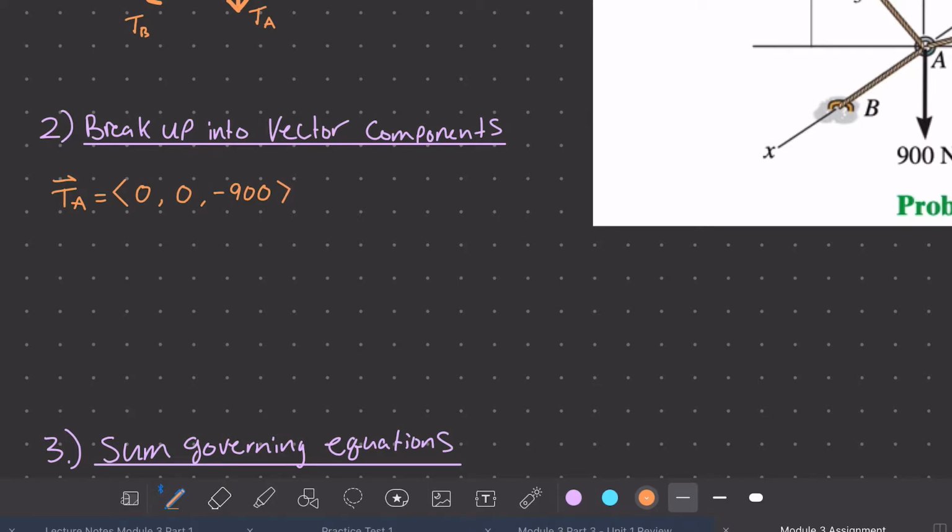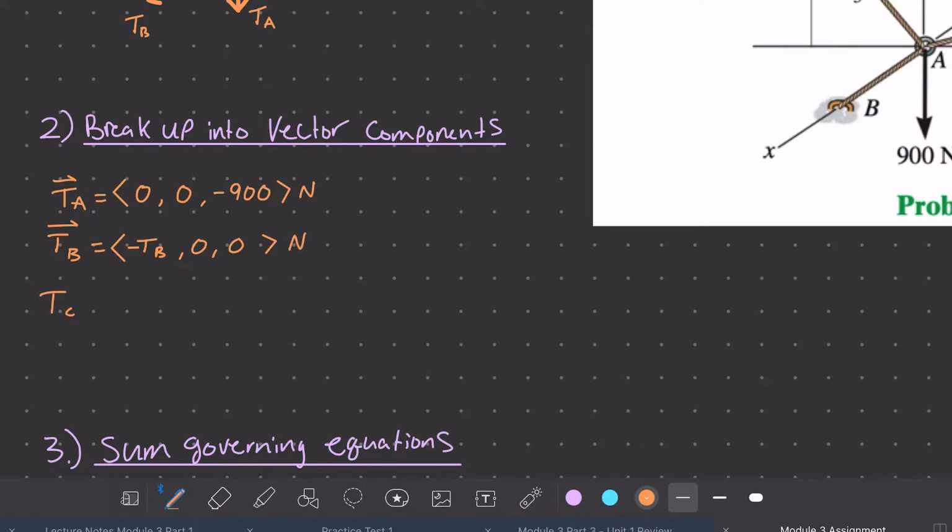And that'll be in newtons. And then for vector TB, the x component will be negative TB, y component is 0, and z component is 0, also in newtons.